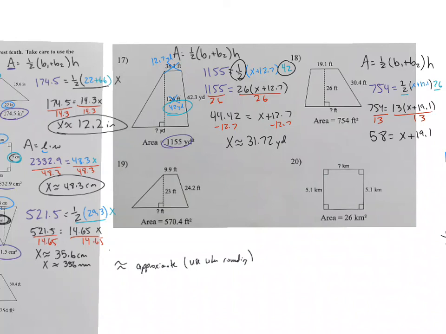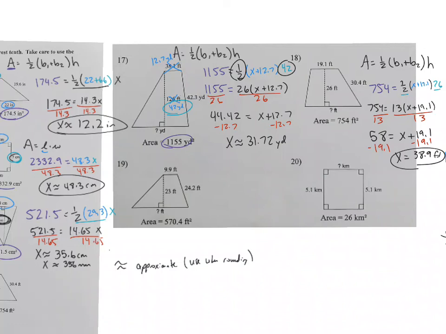I subtract 19.1 from both sides. So finally I end up with x equals 58 minus 19.1, which is 38.9. And it is feet.